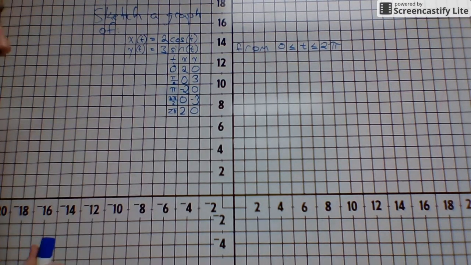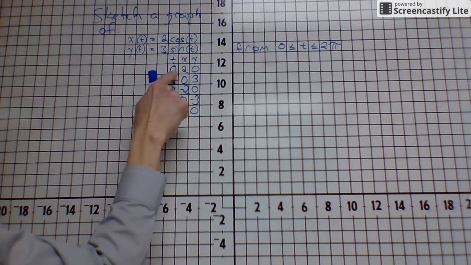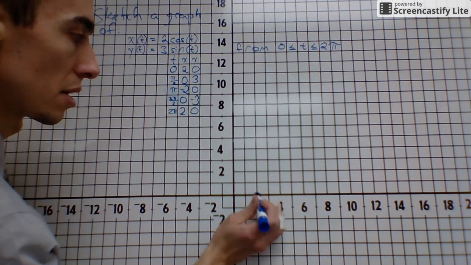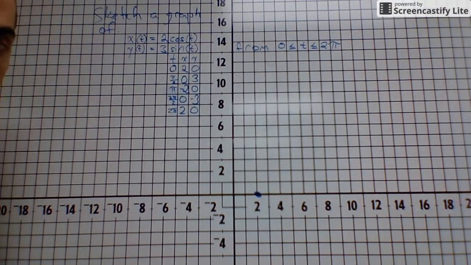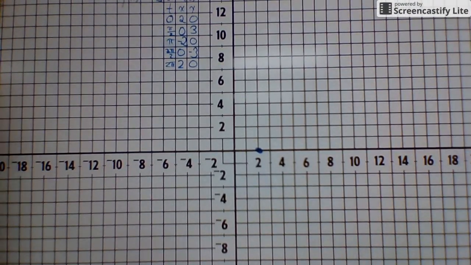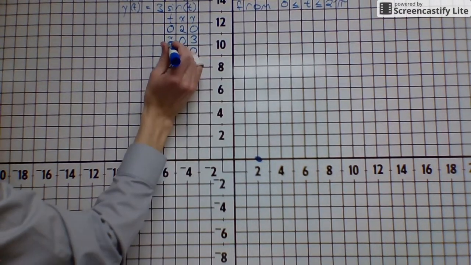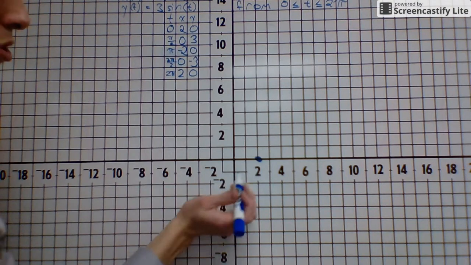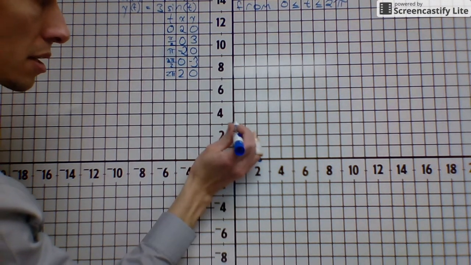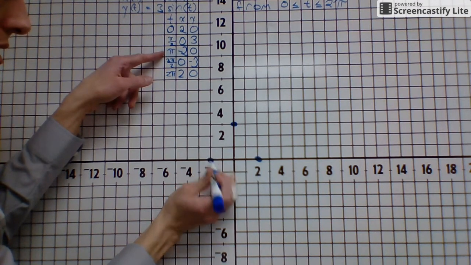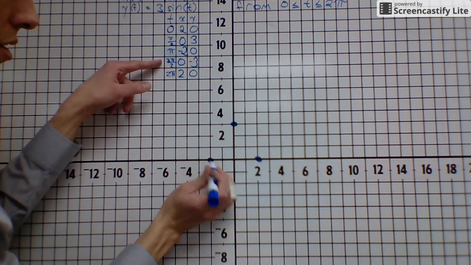So now we've got our points for our graph. We would start at time 0 and plot 2, 0. Then at time pi over 2, 0, 3. Time pi, time 3 pi over 2.